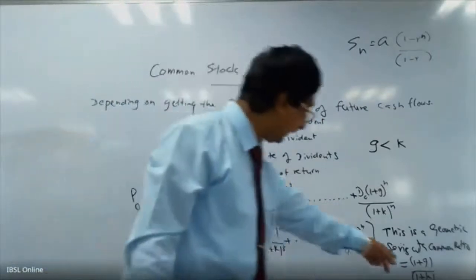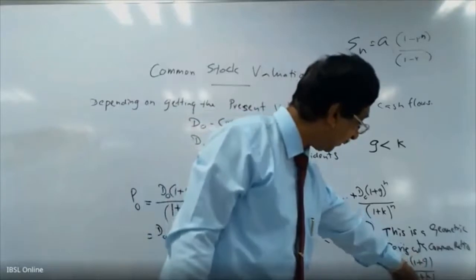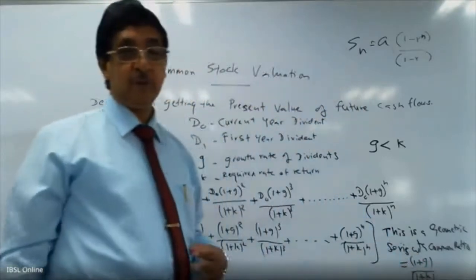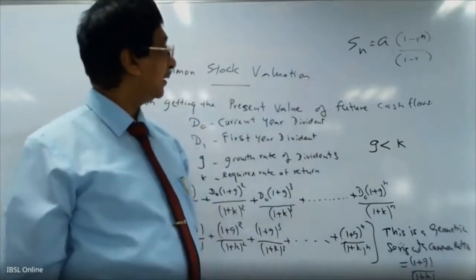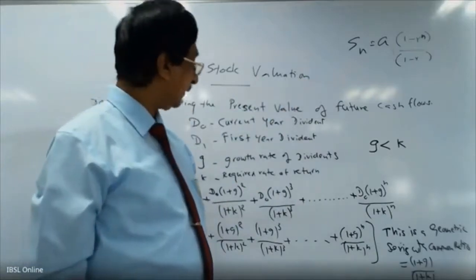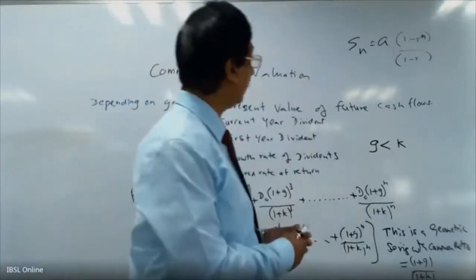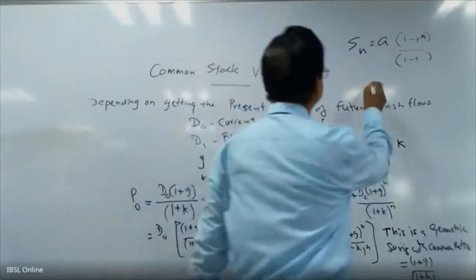In this particular case, the common ratio is 1 plus G over 1 plus K. If you apply that and get it calculated, I will show you the calculation.